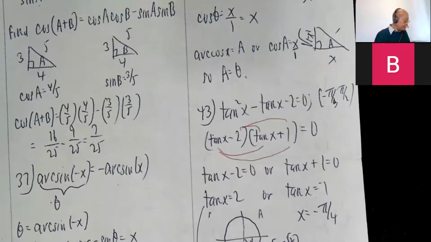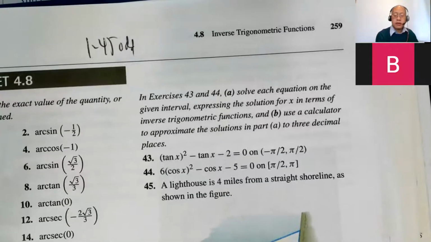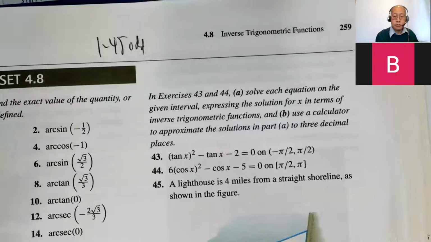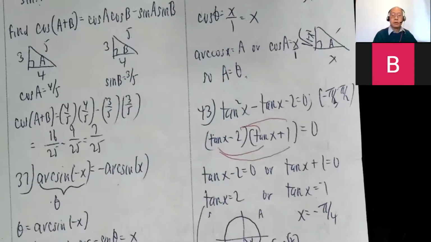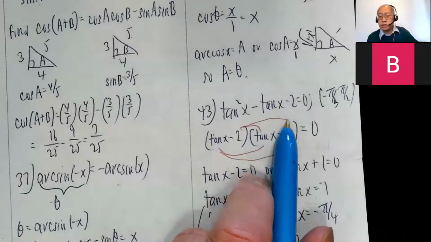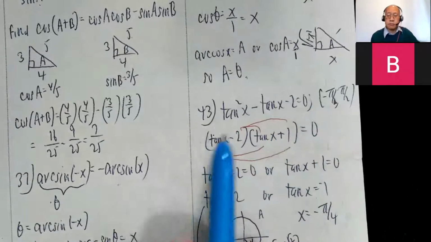Okay, 43 and 45. 43, solve for angles between negative pi over 2 and pi over 2. Tangent squared x minus tan x minus 2 equals 0, and the angle is between negative pi over 2 and pi over 2.